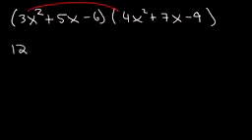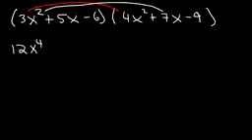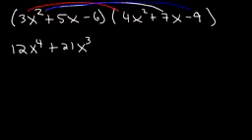So that's going to be 12x to the fourth. And then let's multiply 3x squared by 7x, which is 21x cubed. This is x squared times x to the first. 2 plus 1 is 3. And then we have 3x squared times negative 9. So that's negative 27x squared. So that's the first part.